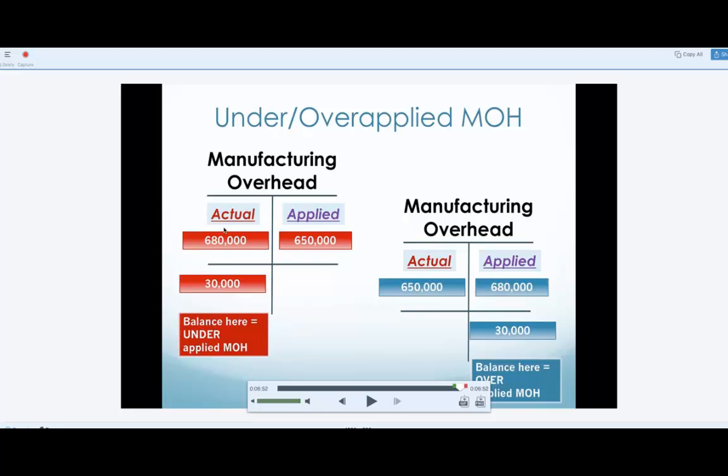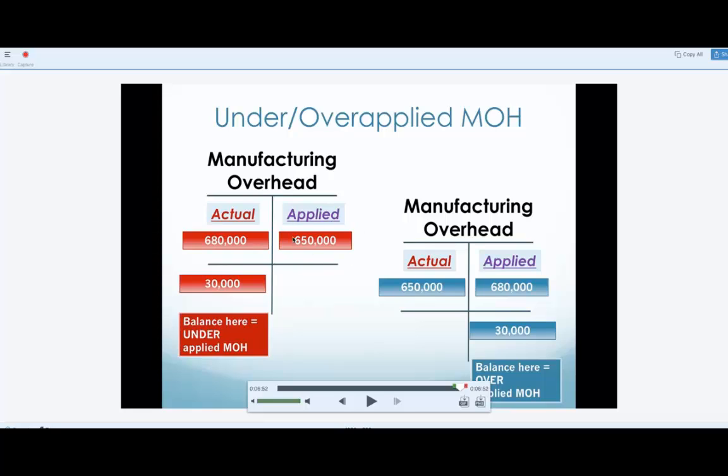All right, that was all totaled up. And at the end of the month, it totaled, I just gave you some figures here, $680,000. But the amount that was applied was based on the predetermined overhead rate times how much was actually used. Say if it was based on machine hours, then this was the predetermined overhead rate times the actual amount of hours, and so that's how the applied came about.